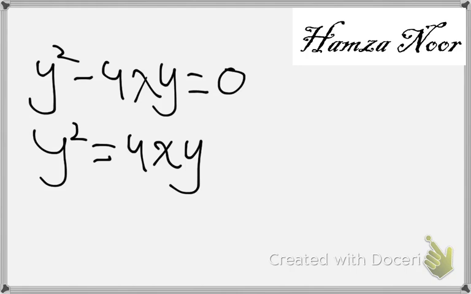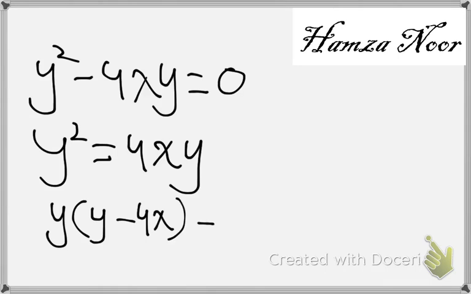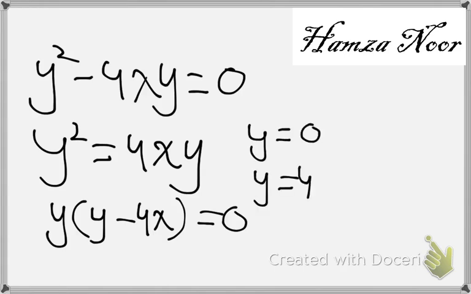Or you can also do it like this: y² − 4xy, taking y common, y(y − 4x) is equal to 0. So you have y equal to 0, which you will ignore, and you have y equal to 4x. Now all you need to do is substitute this variable again in the original equation.